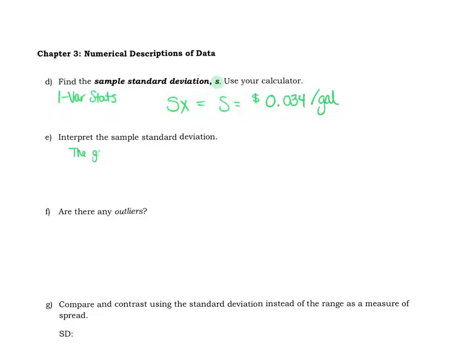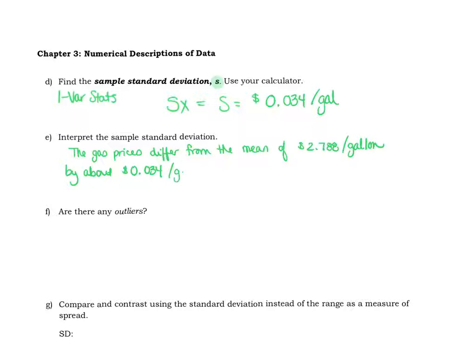The gas prices differ from the mean of $2.788 per gallon by about $0.034, or 3.4 cents per gallon on average.